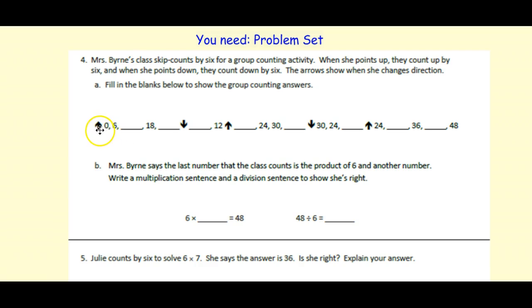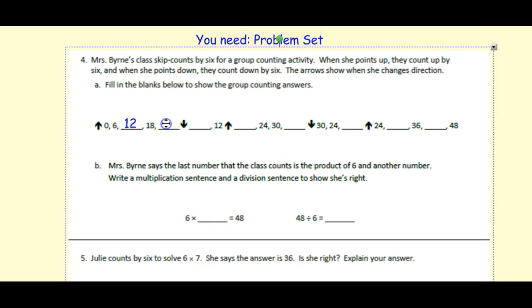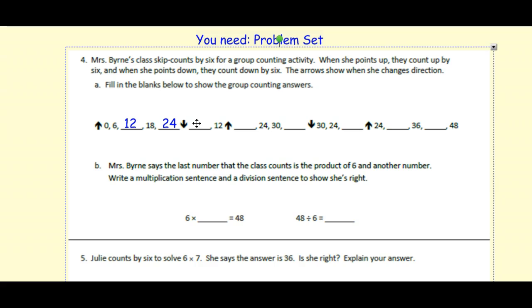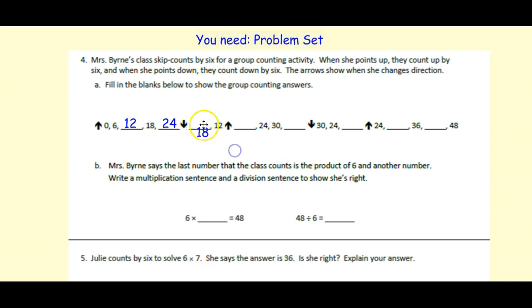So far I see an up arrow, so I know she's going to be counting up. She started at 0, 6. If I'm skip counting by 6, then there's going to be 12. And then there's 18. After 18 comes 24. And now I've got the down arrow where I'm going to start counting down by 6s. So if I'm taking away 6 from 24, I have 18.